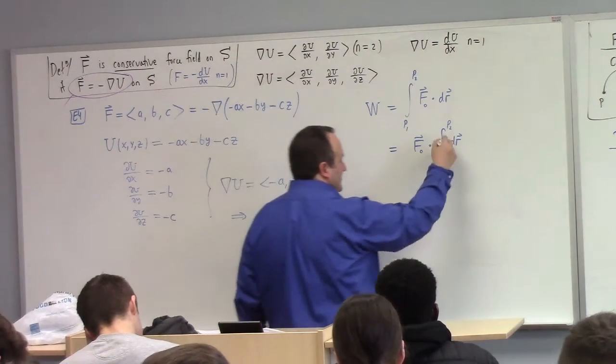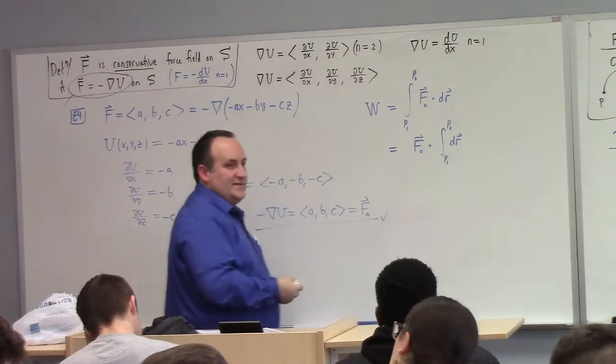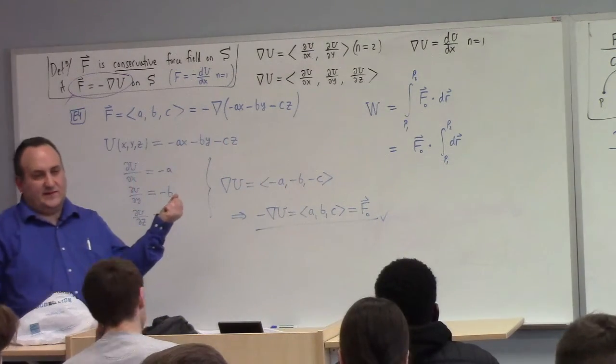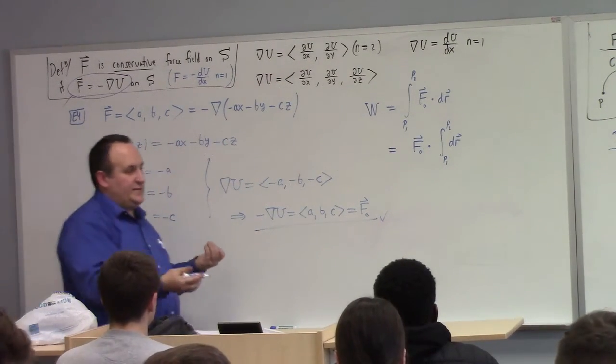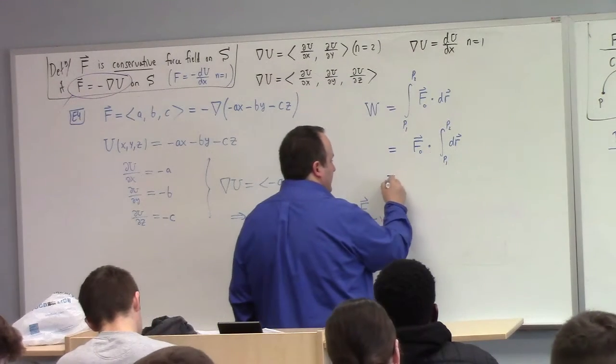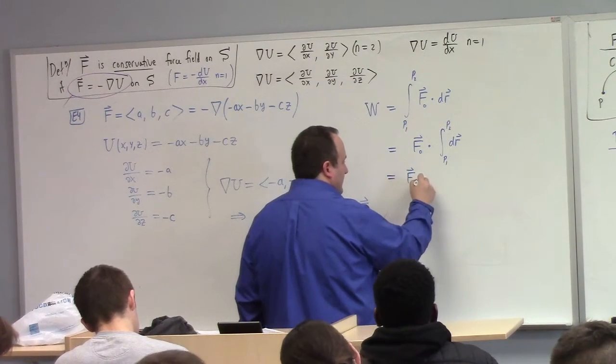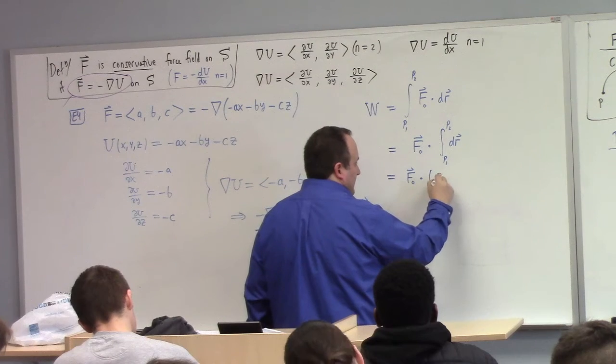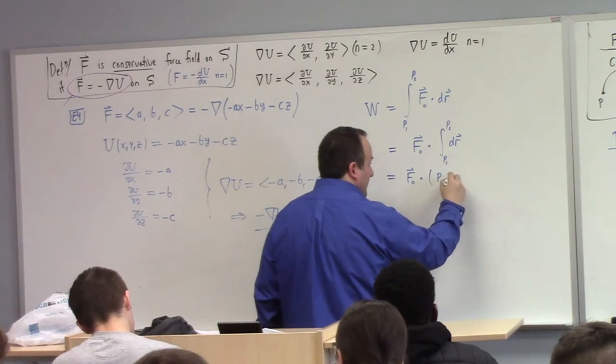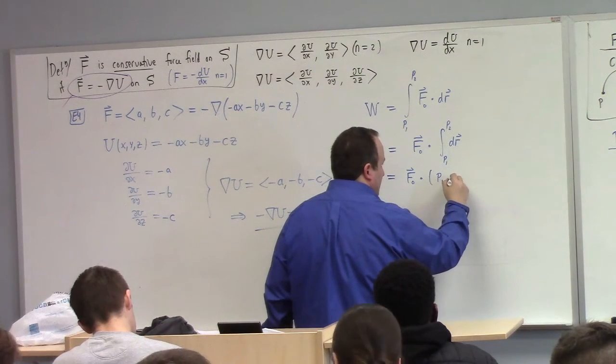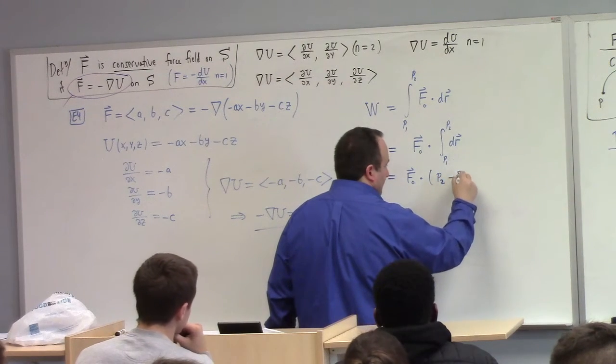If you're adding up all the little dr's going from point 1 to point 2, what is it? It's the net change in r, right? It's exactly P2 minus P1. So this takes us back to the start, when I talked about the work done by a constant force over a finite displacement.